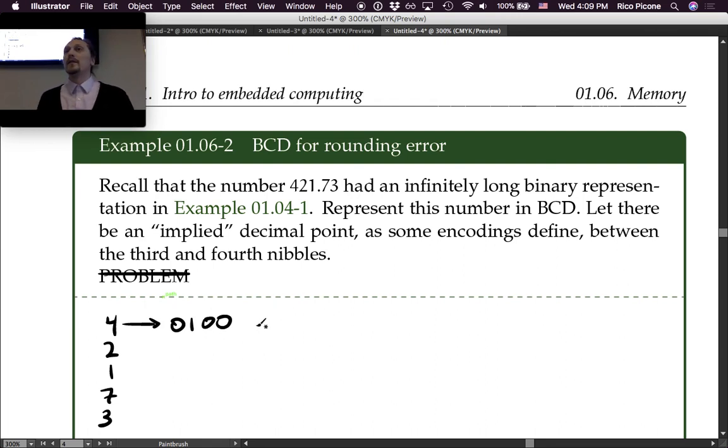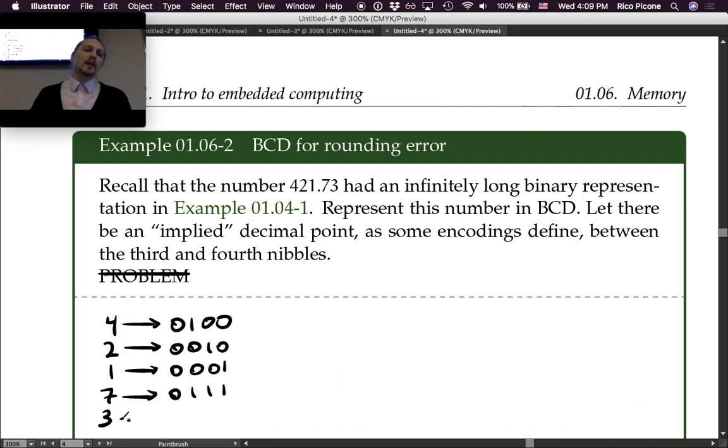That's a nibble, right? Four bits. The 2 is going to be 0, 0, 1, 0. The 1 as a nibble is going to be 0, 0, 0, 1. The 7 is going to be 0, 1, 1, 1. And 3 is going to be 0, 0, 1, 1.